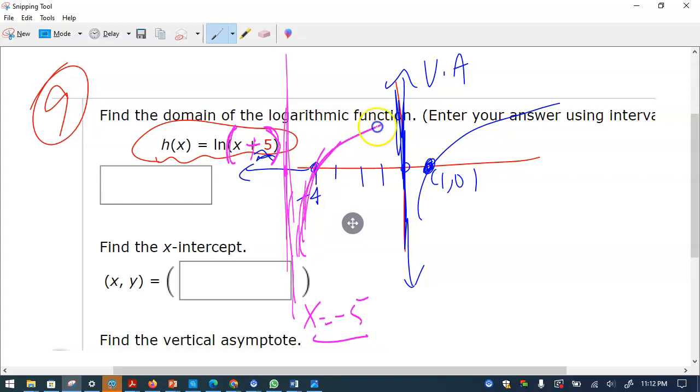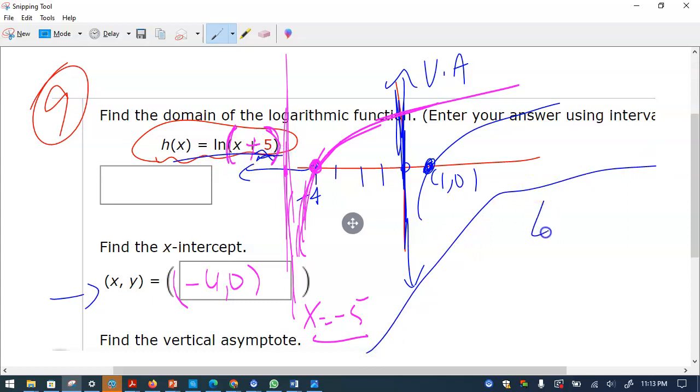So what is the x-intercept? It is this one, which is negative 4 comma 0. But what if they had not asked us to sketch, and only asked what is the x-intercept? Suppose there was no need of sketching. Then what you do, this is given to you, ln of x plus 5. You want to know what this part should be so that this is 0.